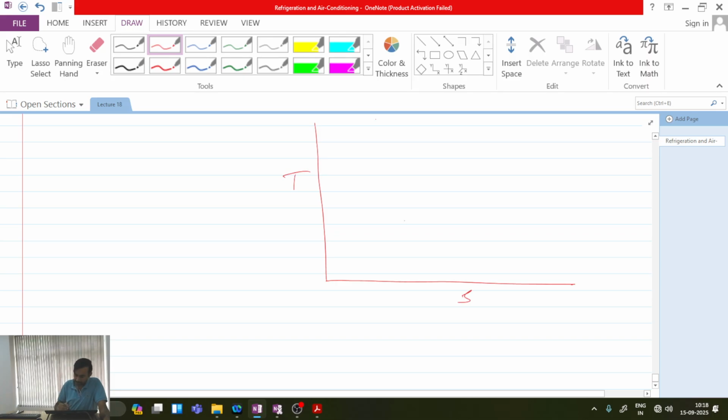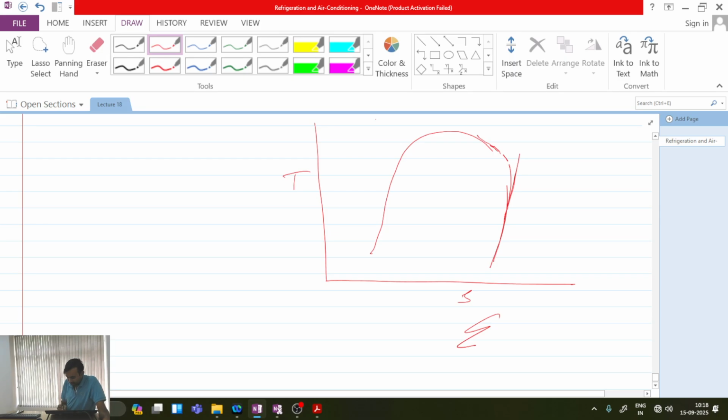So I have to draw the TS diagram in such a way that this slope is positive. Even something like this. You see, this is a positive slope.